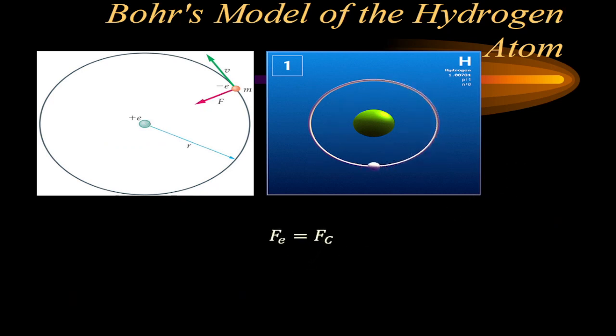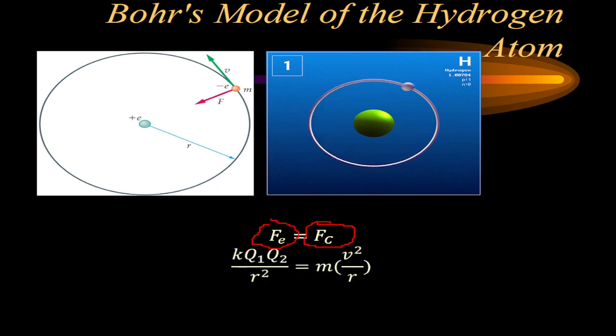All right. So as I've said, Fe, or the electrostatic force, must be equal to the centripetal force. So given the two equations, we'll equate them to one another, and we're gonna have k, which is a constant. And later on, I'm gonna show you the numbers that play a part in this constant.